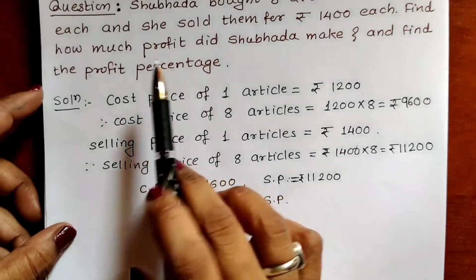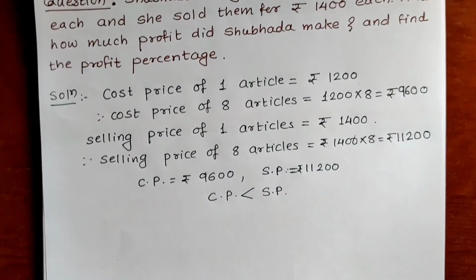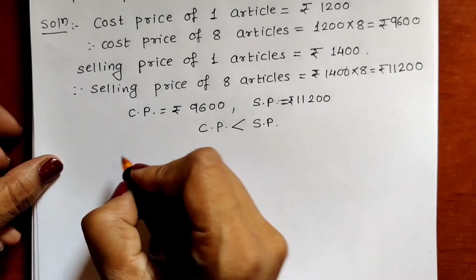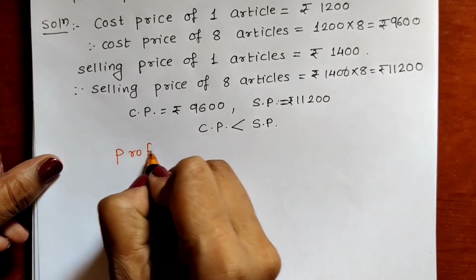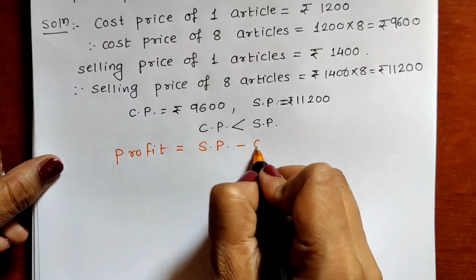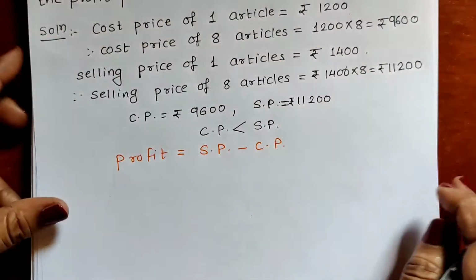And that's why I have written here how much profit did Shubhada make. So Shubhada made a profit, we all know. So directly we can apply the profit formula. Profit is equal to selling price minus cost price. How much selling price is there?